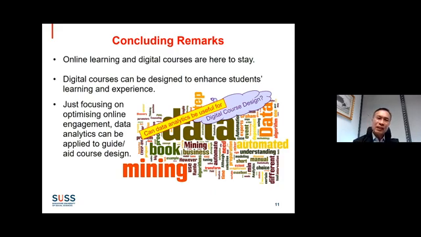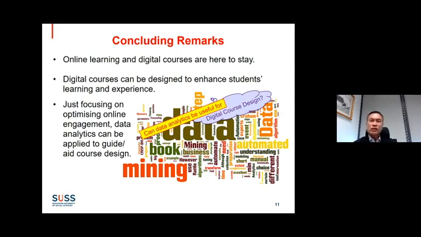So if we take this as a given, we want our students to do well. So how do we design our digital courses? How do we present our courses online? Well, of course, we can make decisions on course design based on experience, based on what we know or what we expect, or based on theory, based on pedagogy.